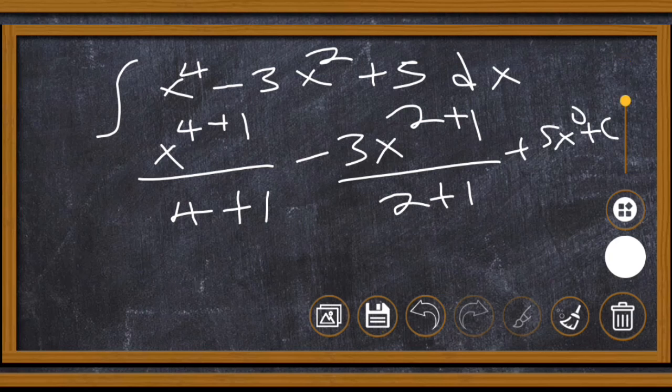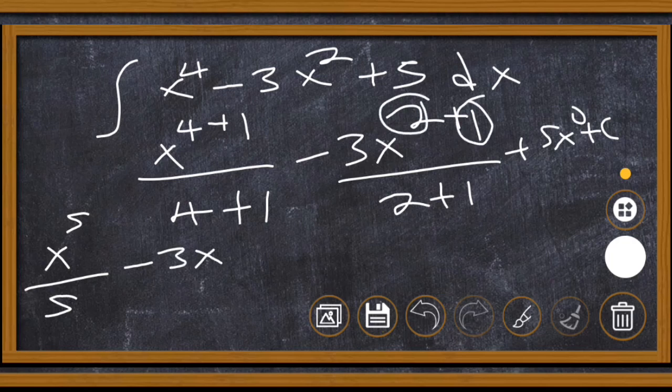So let's simplify this expression further. We're going to have x, 4 added to 1, we're going to have 5, and then on the denominator, we're going to have the same value. Then minus 3x, and adding 2 to 1, it's 3.